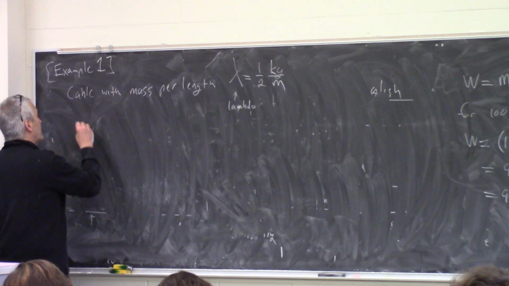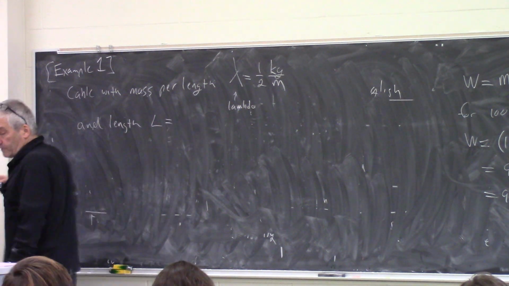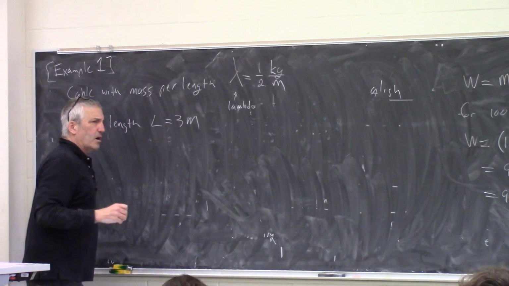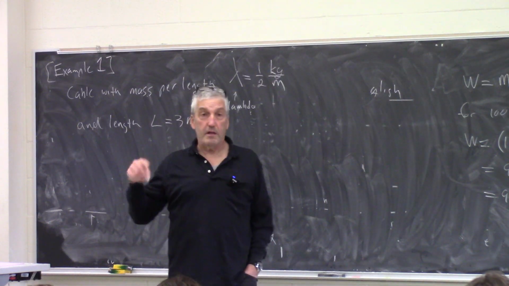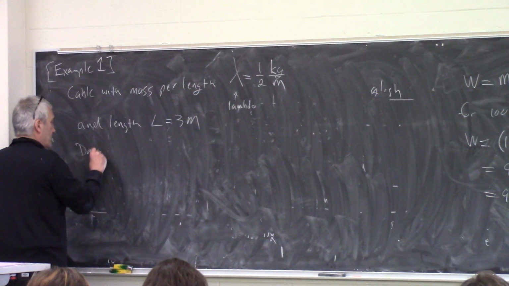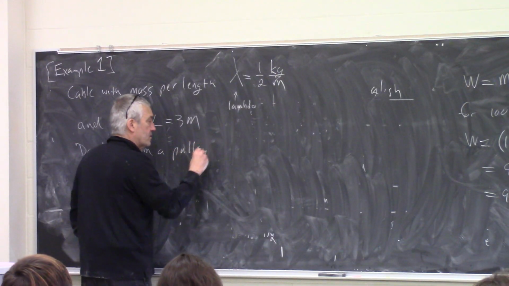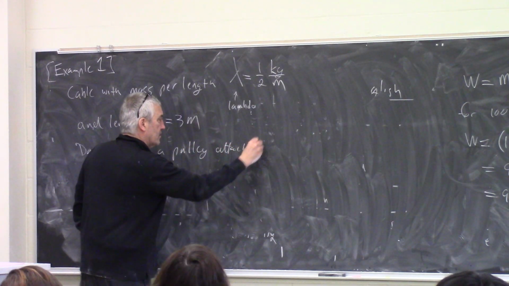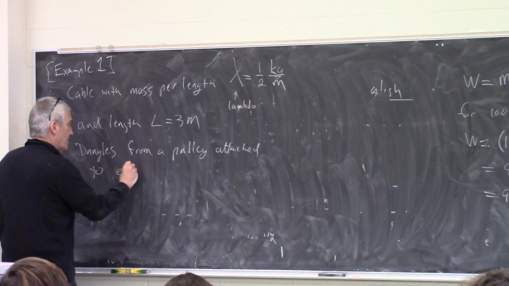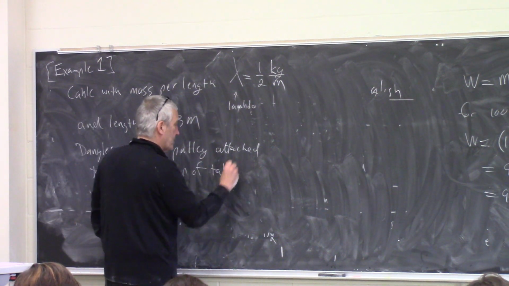Mass per length, lambda, and length, capital L, equals 30 meters. Dangles from a pulley that's attached to the corner of a tall building. So attached to the edge of the roof of a tall building.